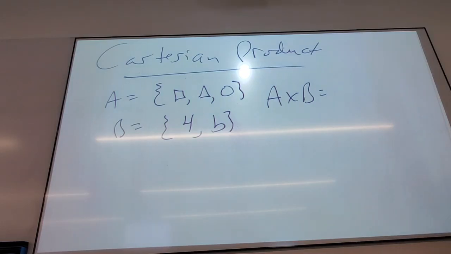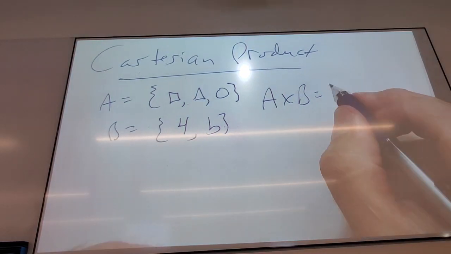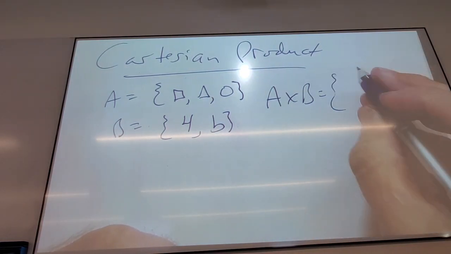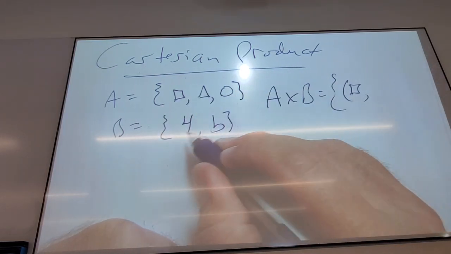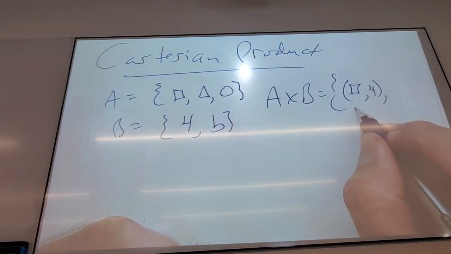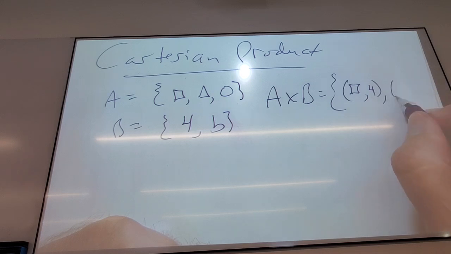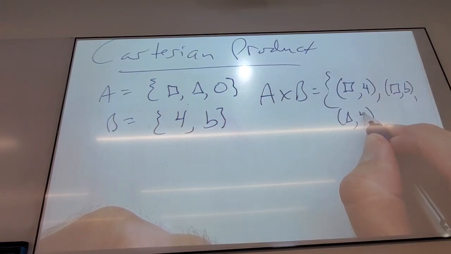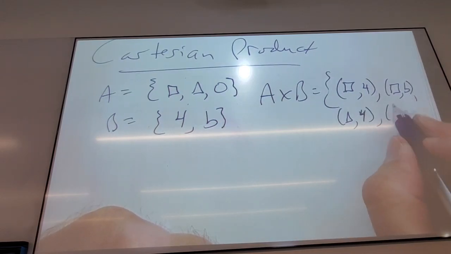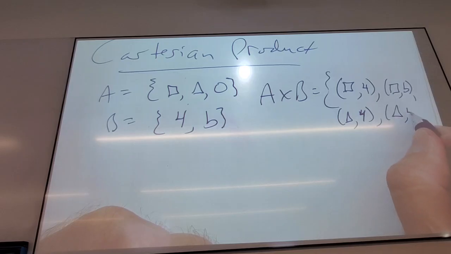So if I do A cross B, the first element is going to be from here, the second element from there. I can just keep going, and if I do this very systematically, I can exhaust the squares, then exhaust the triangles. You guys see what I mean when I say exhaust?